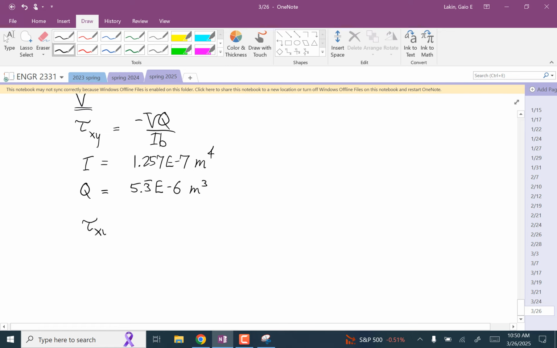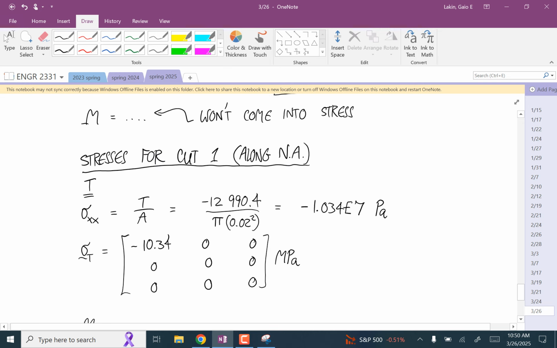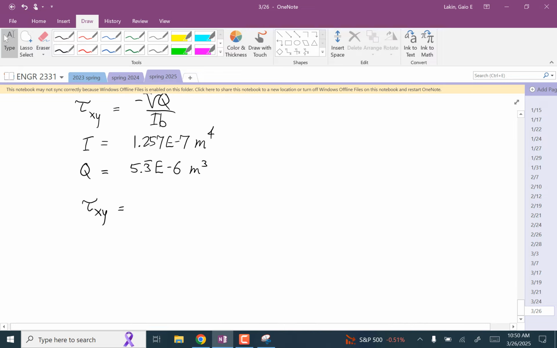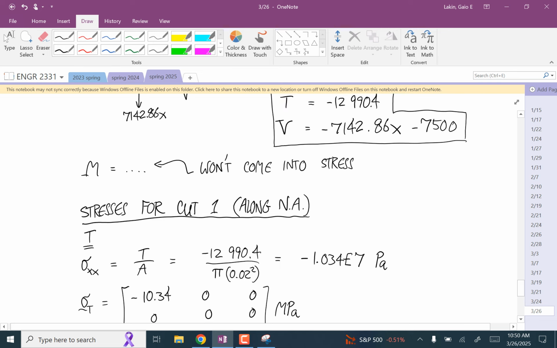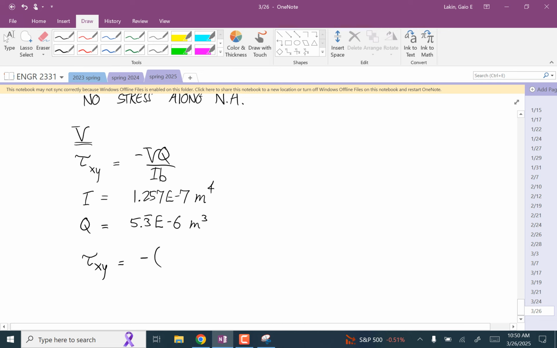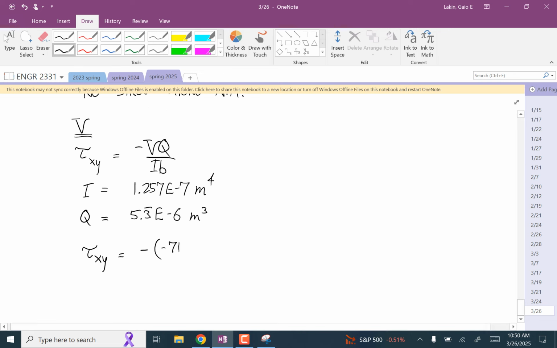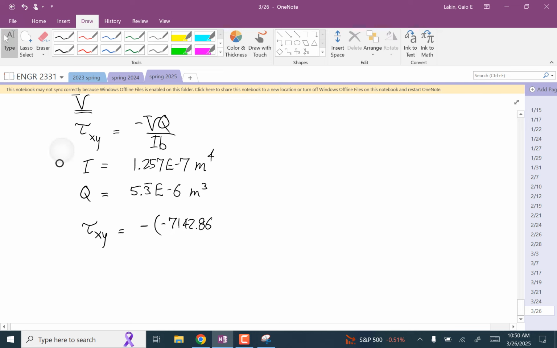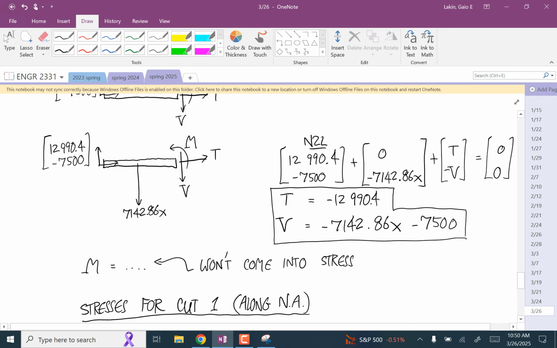And so our tau xy is equal to negative of our shear force function, and that was 7142.86x minus 7,500. Yep.